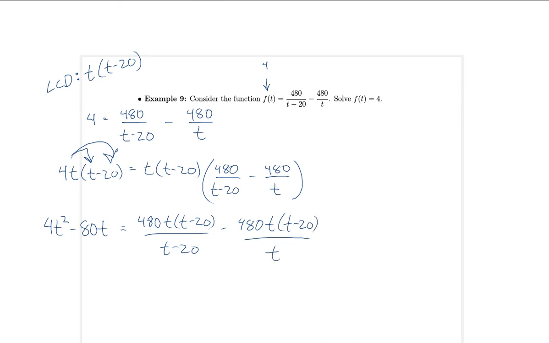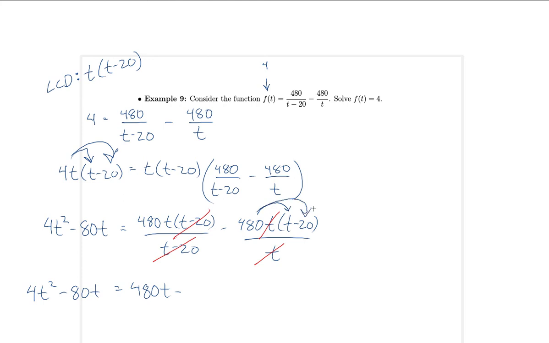And as in those last couple of problems, we definitely get some nice cancellation here. So let's see what we're left with. We have 4t squared minus 80t equals 480t minus, all right, now I'm going to distribute right here. I had these t's cancel, so I know that minus 480 has got to go to both of these.